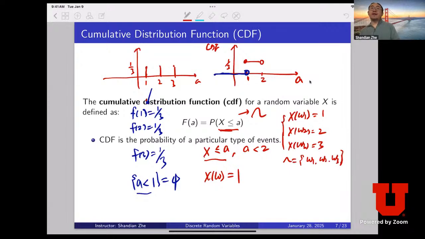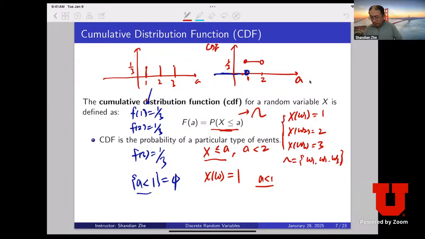Is it more clear? Right? So we know that if A is less than 1, none of the elements omega 1, omega 2, omega 3 can give you a value of X less than 1, right? So that's why when A is less than 1, this CDF value will be 0, right?